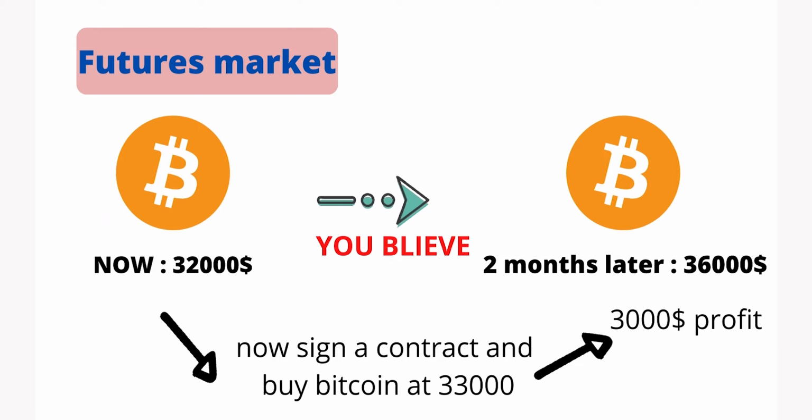It may be $1,000 more than current price, but as you believe that the price would increase in the next 2 months, you still gain $3,000 more profit. Of course, calculating futures price has its own formula that we are not going to discuss now. We just try to give you a general view about this issue.